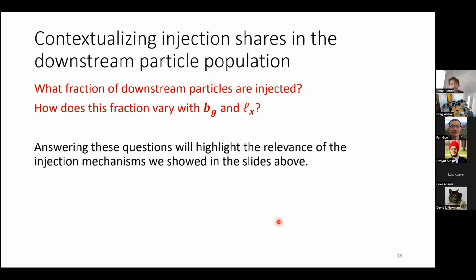Because if we know that fraction, then we can look at these shares and multiply them by that fraction, so we know what fraction of the downstream is injected by each injection mechanism. And it's also interesting to know how this fraction varies with guide field and domain size. In other words, we're trying to find how efficient these injection mechanisms are.